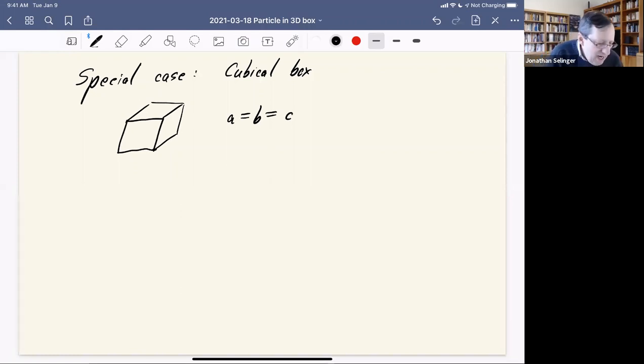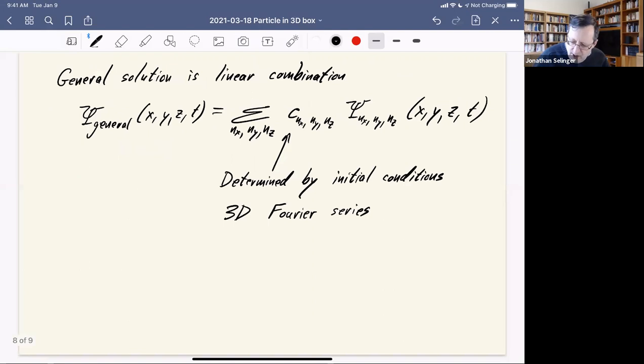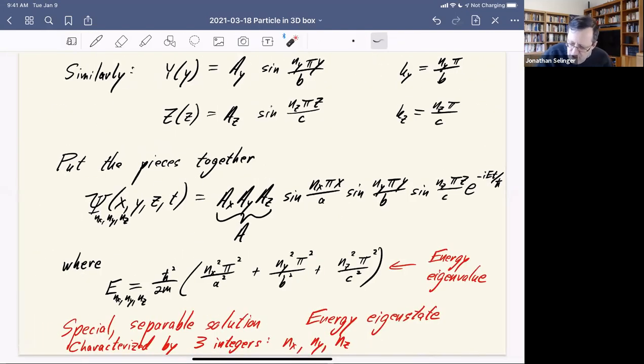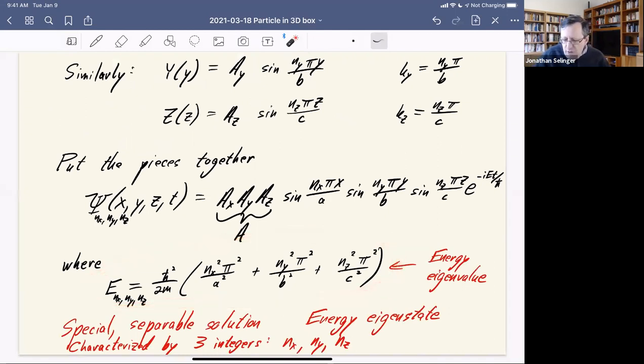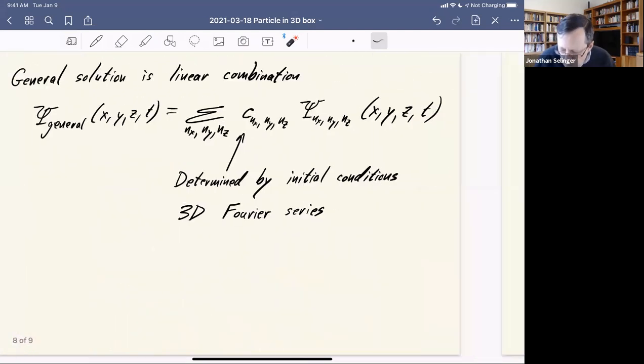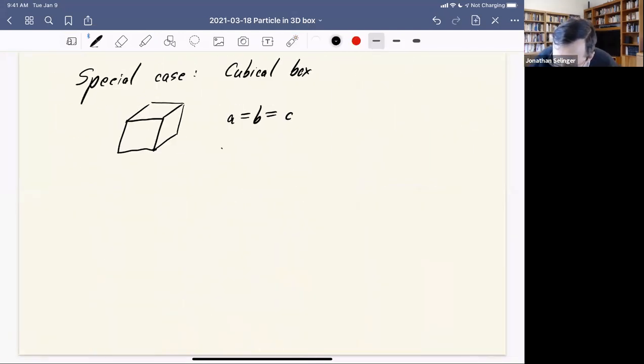In that case, our energy simplifies a lot. So our energy was this equation over here, but now I'm going to plug in that A and B and C are all the same. And so then we can say the energy is h bar squared over 2m, and I'll factor out the pi squared, and I'll factor out the length squared.